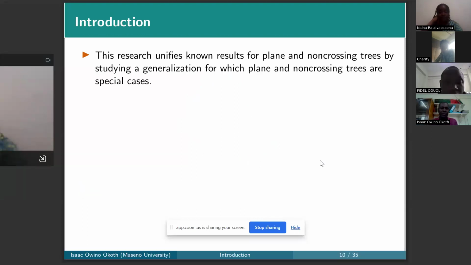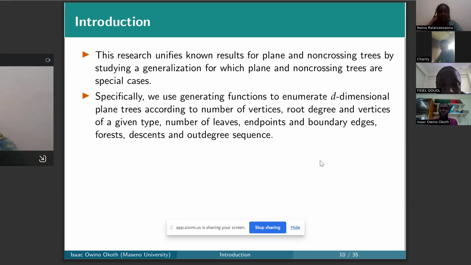Therefore this research unifies known results for plane and non-crossing trees by considering a generalization of them. We use generating functions to enumerate these d-dimensional plane trees, and our statistics of enumeration are number of vertices, root degree, vertices of a given type, number of leaves.